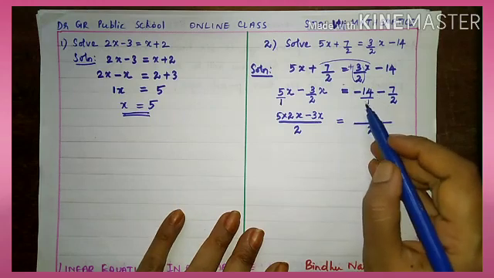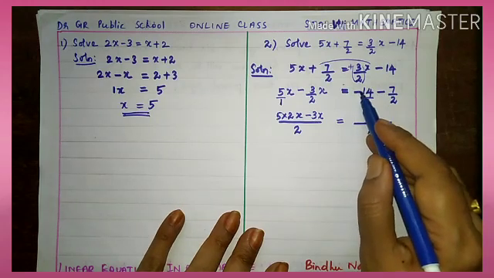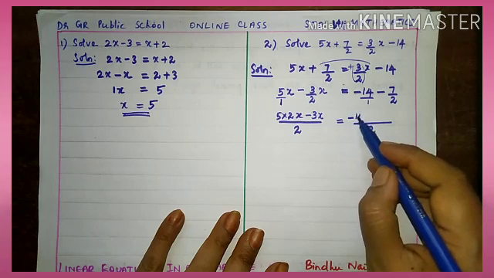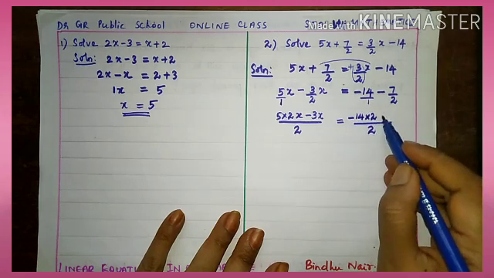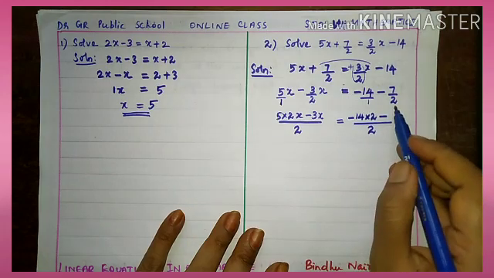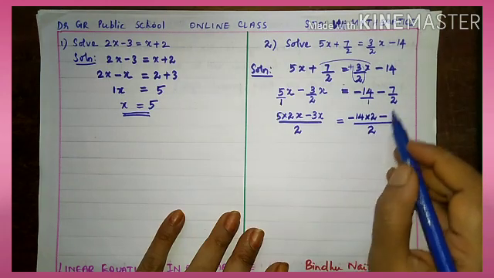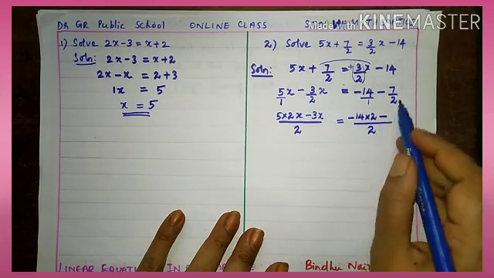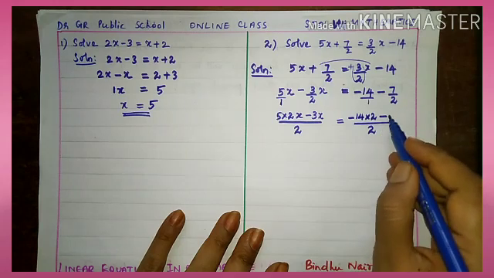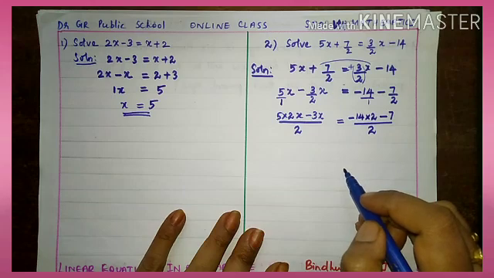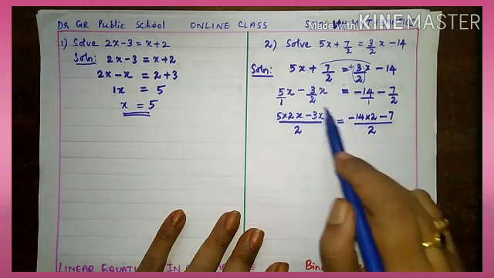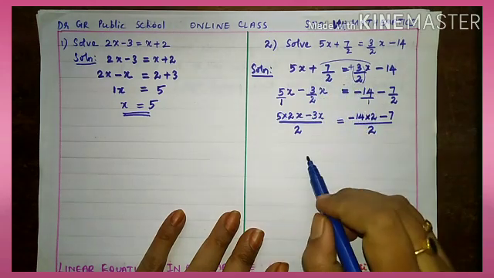So it becomes, don't forget the sign, here it is negative, minus 14 multiplied by 2, minus, here you see the LCM and the denominators are common, same, so no change in the numerator, it is minus 7. Understood, children? So this type of problem you want to apply LCM.